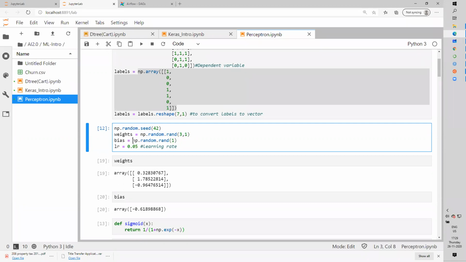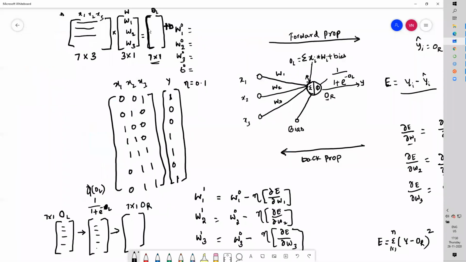Okay. And similarly, I am generating np.random, using the random generator, another single element, that is bias. This is how we are generating the bias, because bias term is going to be only one value, and we will add that value. This is called scalar addition.